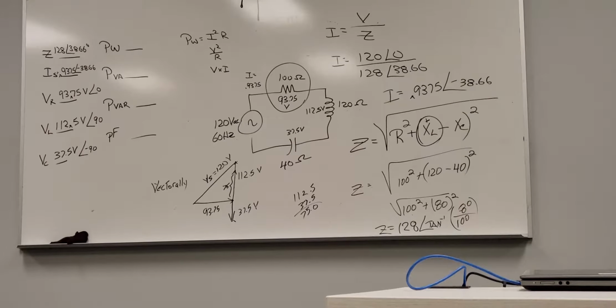I take the current squared, 0.9375 squared. And then I multiply that by the resistance, which is 100 ohms. I get 87.89.